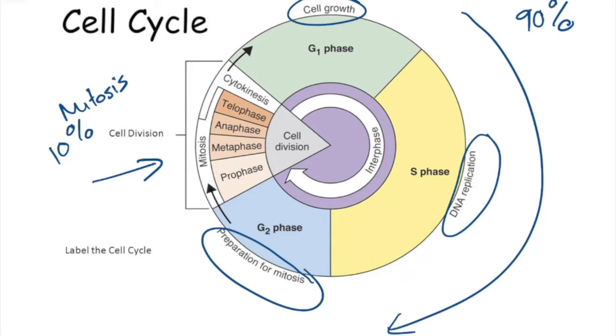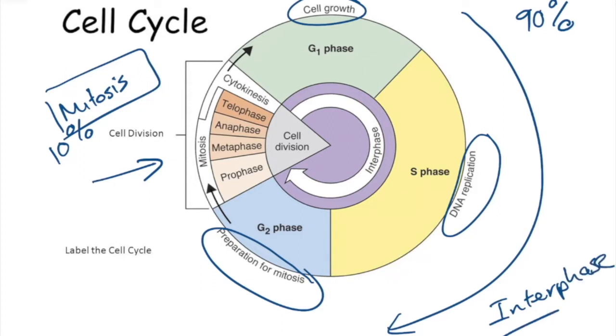So we've got mitosis, and then we've got everything else, G1, S, and G2, which are interphase, because inter means between. So if you're not dividing, then you're between divisions, and you're preparing for it.